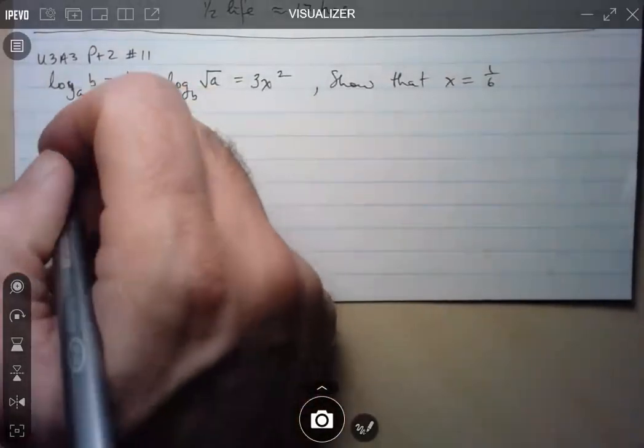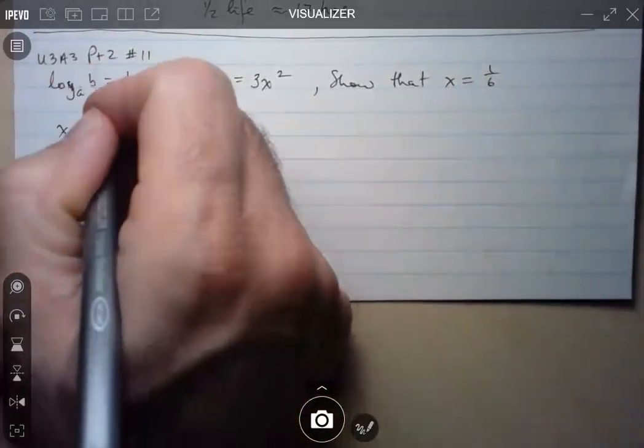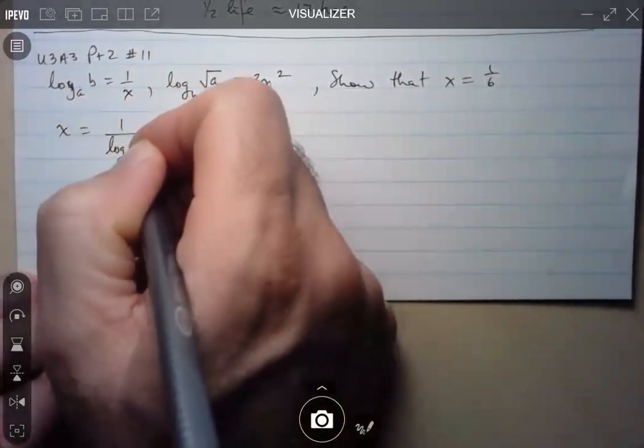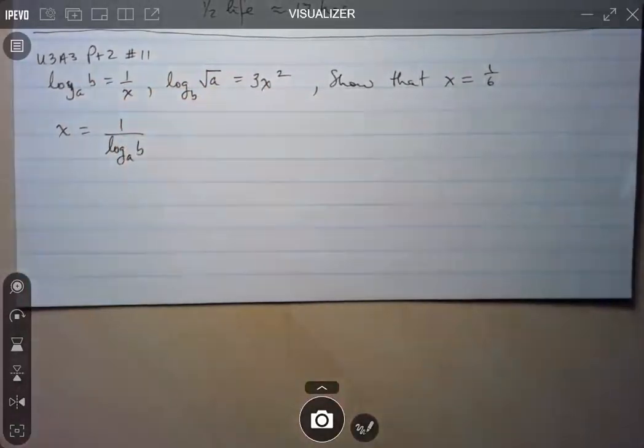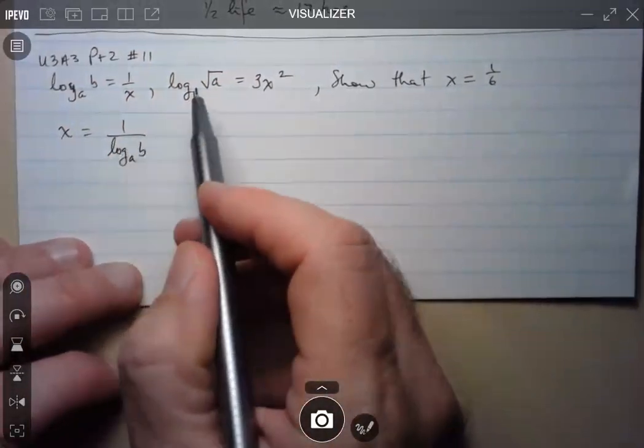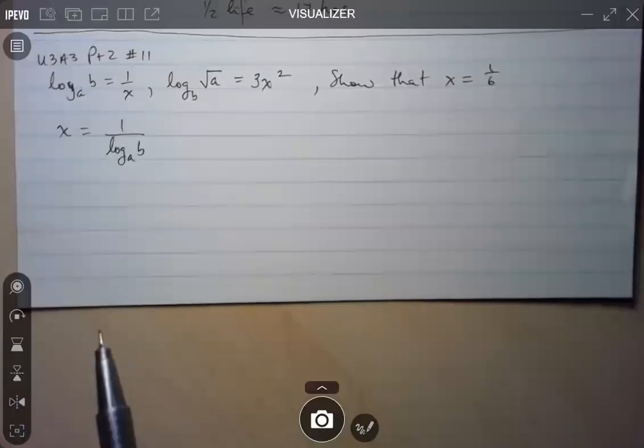So taking the reciprocal, on the right I have x, and this gives me 1 over log base A of B. Now, the other thing I would say is it would be really nice if these logarithms were in terms of the same base.